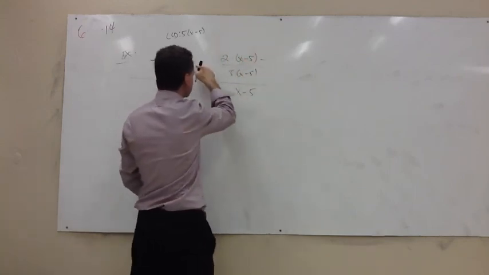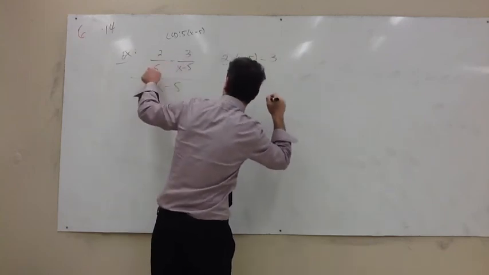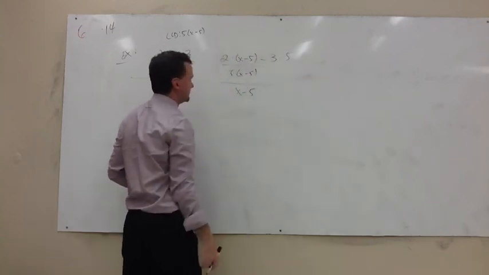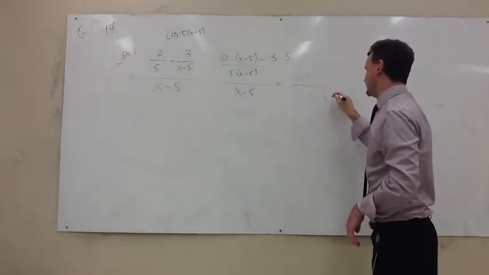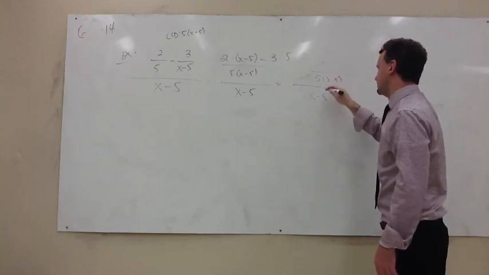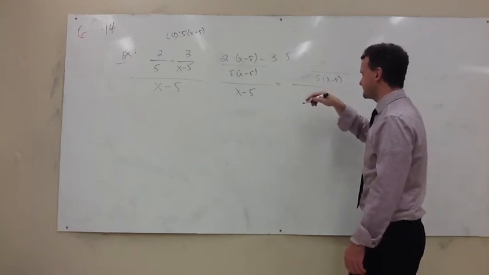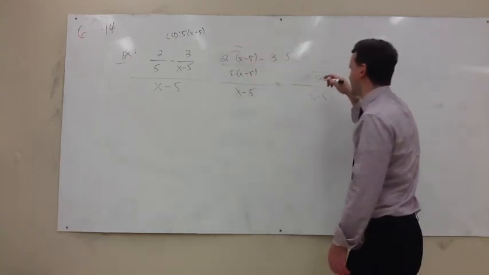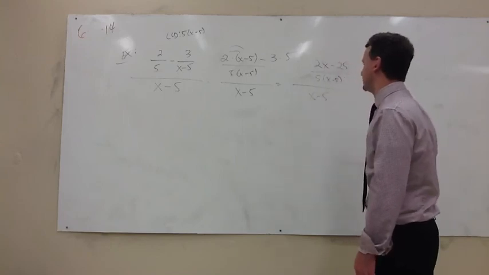Minus, the second term had a 3 in it, sorry, and then it needs the 5. Now, if you clean that up, you have x minus 5 in the denominator. In the fraction, you have 5 times x minus 5 in the denominator, and in the numerator, if you distribute and clean it up, you get 2x minus 25.